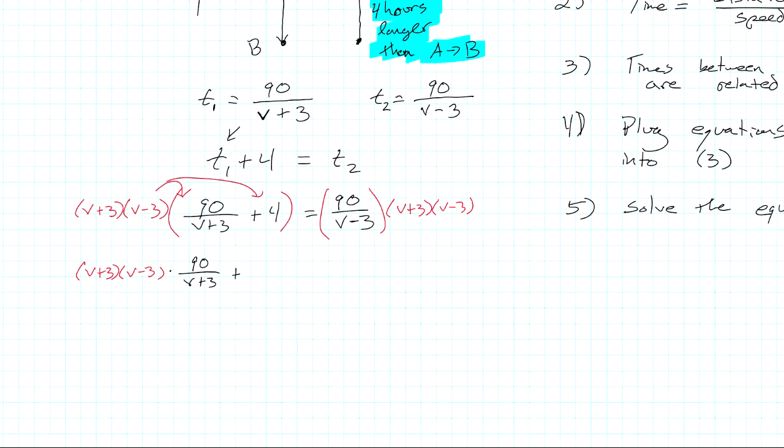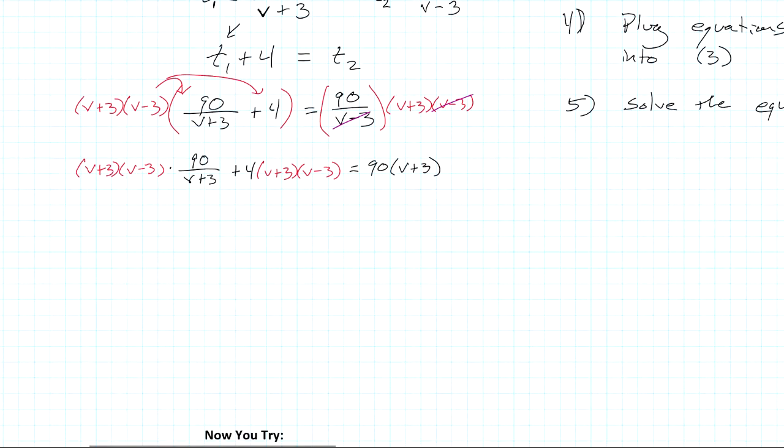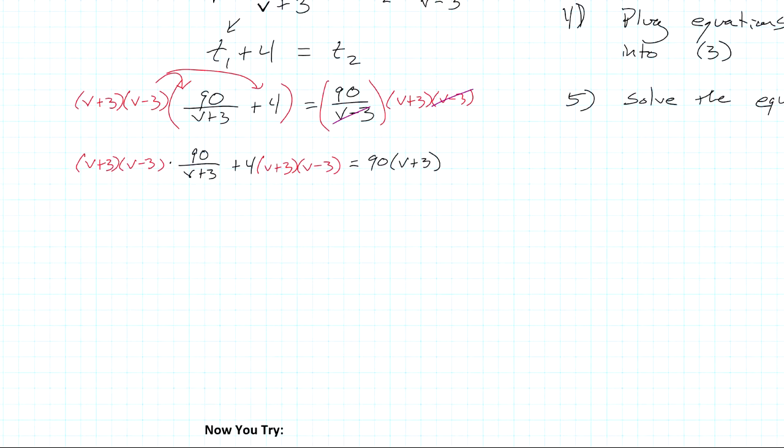We go plus 4 times v plus 3 times v minus 3. And then this equals, on the right side there's no distribution, but we can cancel the v minus 3's. So we'll have 90 times v plus 3 here. And so we've cleared out our denominators.